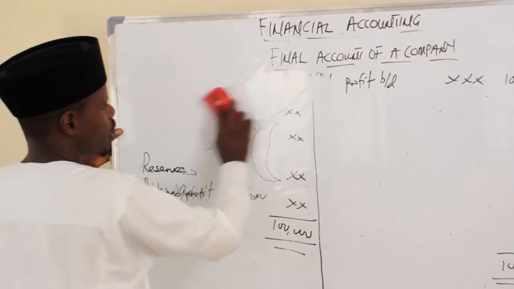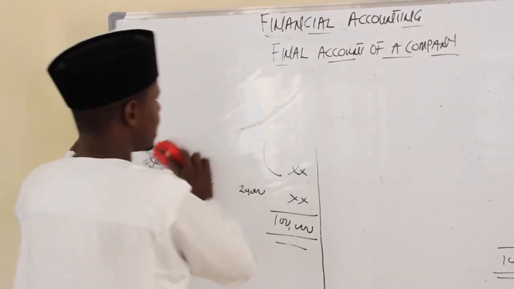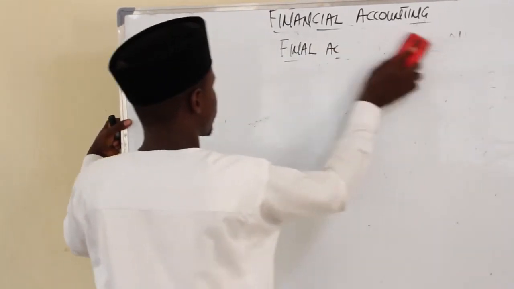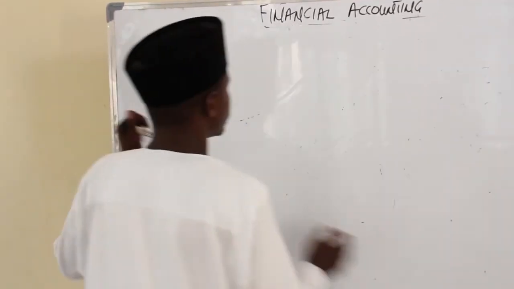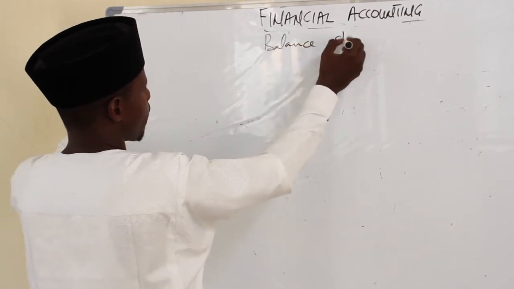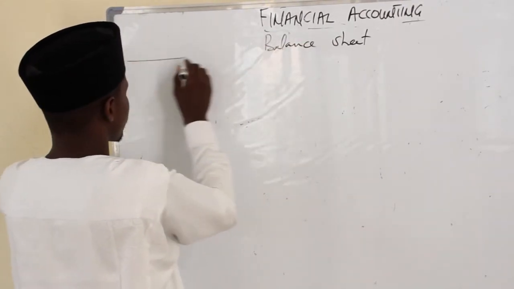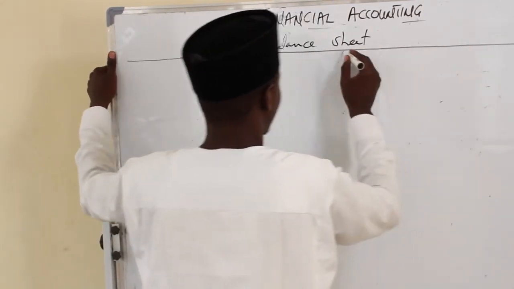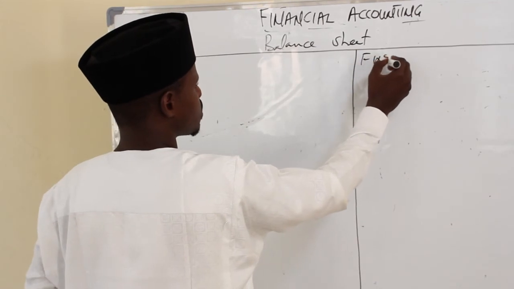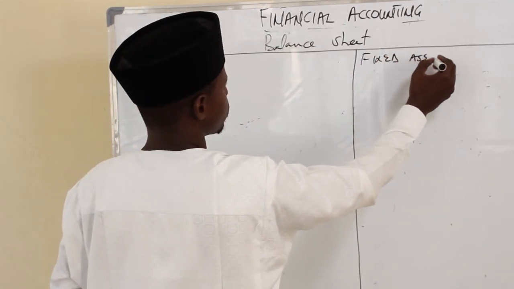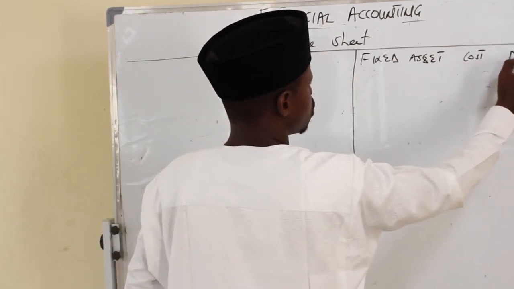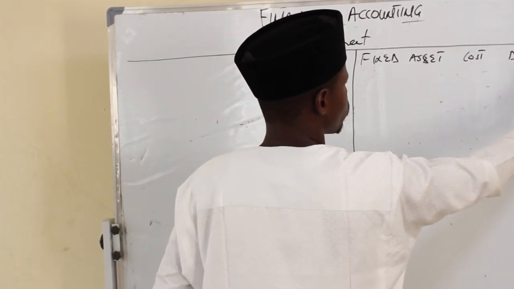Finally, you are required to extract a balance sheet. Here we are going to have the fixed assets or the non-current assets. You have your cost, depreciation, and your net book value.